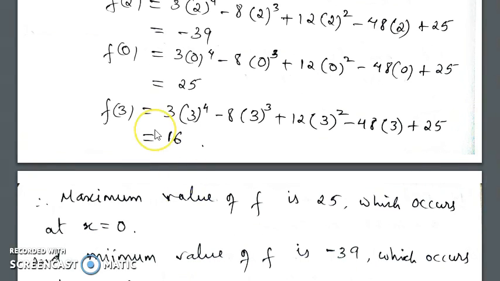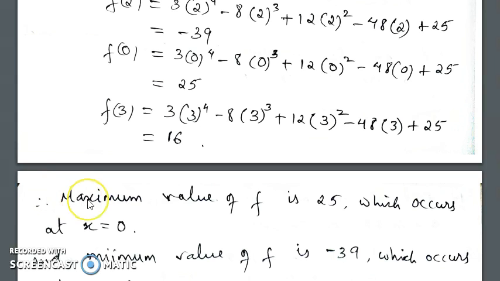So what is the maximum value? Maximum value is 25. So I will write here, therefore maximum value, not absolute, because the question is to find the maximum value. We only use the working rule. Don't write absolute, because this one is to find the maximum value.